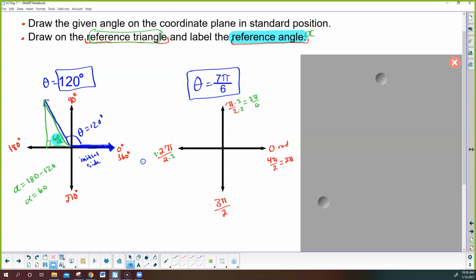This would be considered 6 pi over 6, right? And eventually you're going to do all this in your head, so don't get too confused by it. But what do I want? I want to go one more pi further than 6 pi over 6. So if I go and graph 7 pi over 6, I'm going to go 1 pi over 6 past.